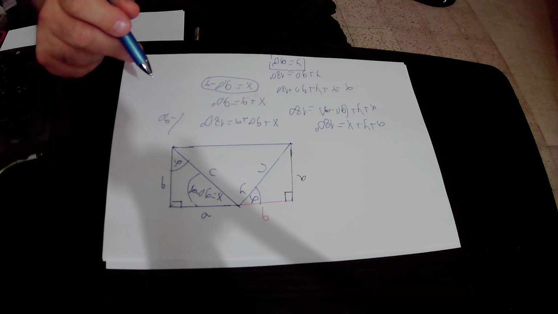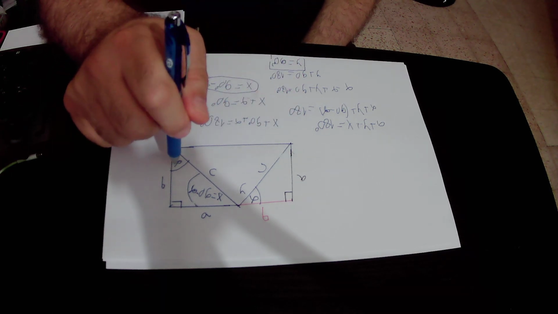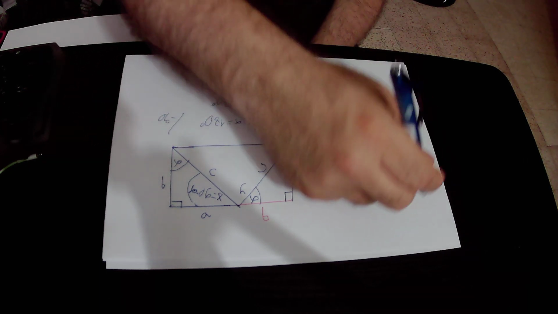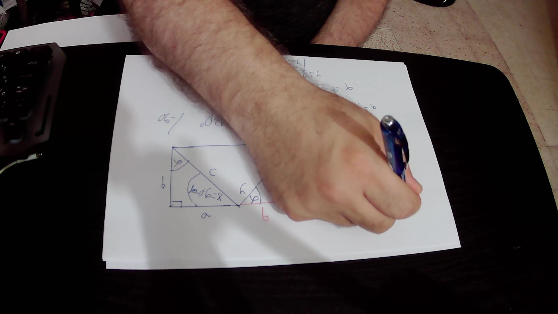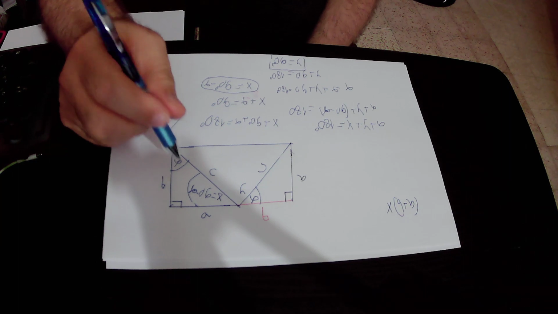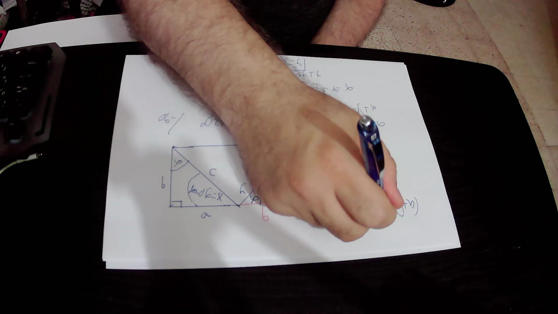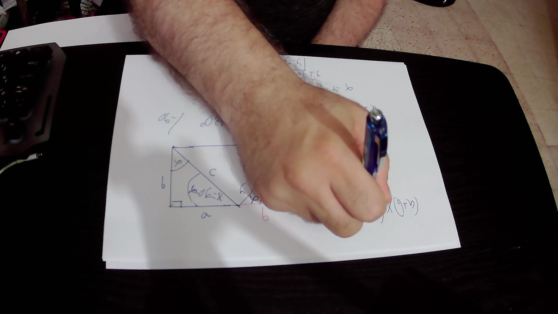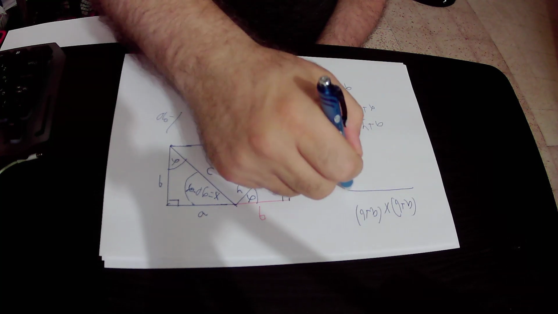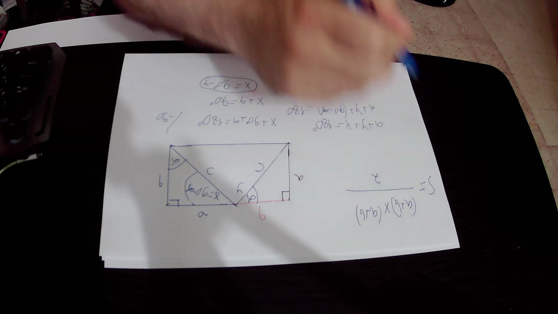So the parallel sides are A and B. A is parallel to B. So it is A plus B times the height of the trapeze, which is also A plus B, divided by 2. So that is the area of the trapeze.